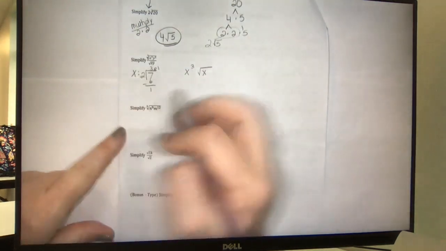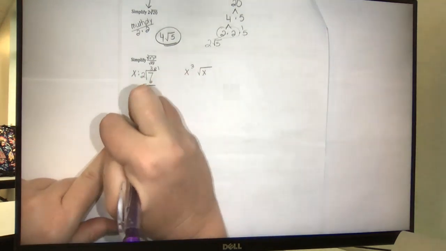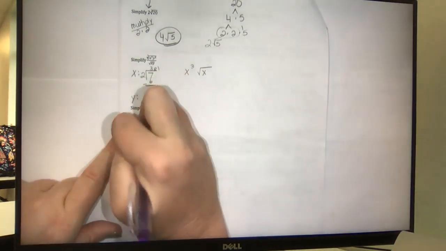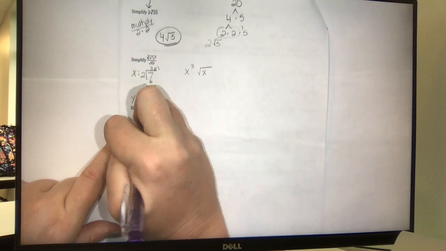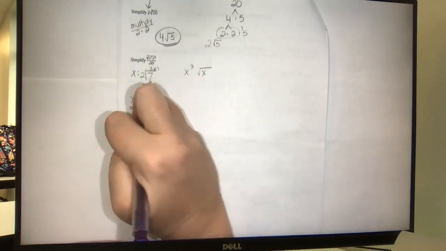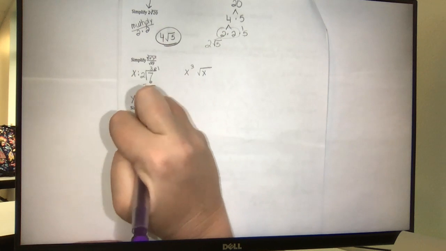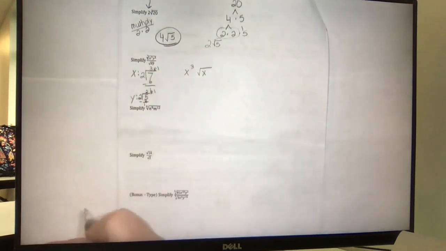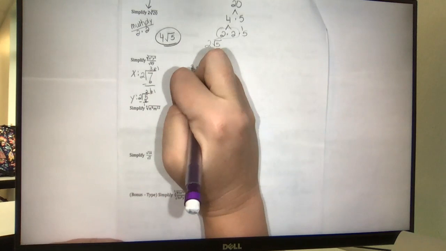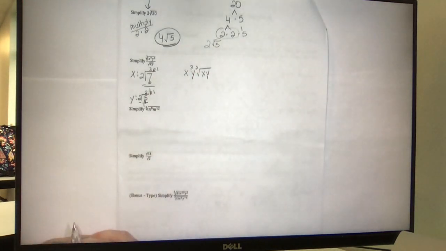Now we'll do the y's. I'm going to have exponent of 5, divided by index of 2. It goes in twice, remainder of 1. That means I'm going to have y squared outside, 1y under. Okay?